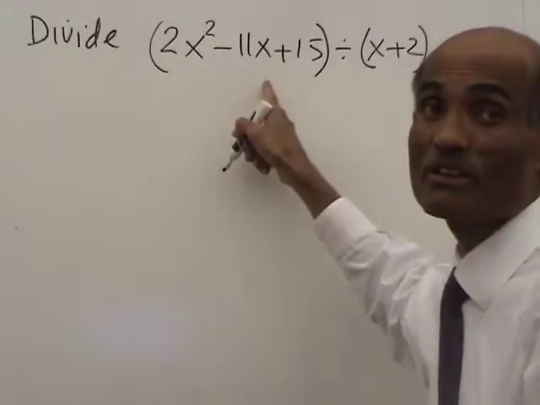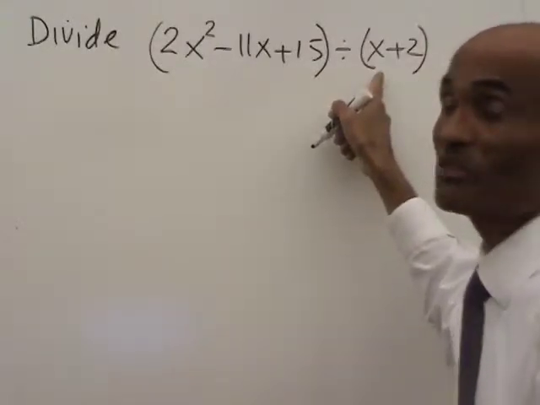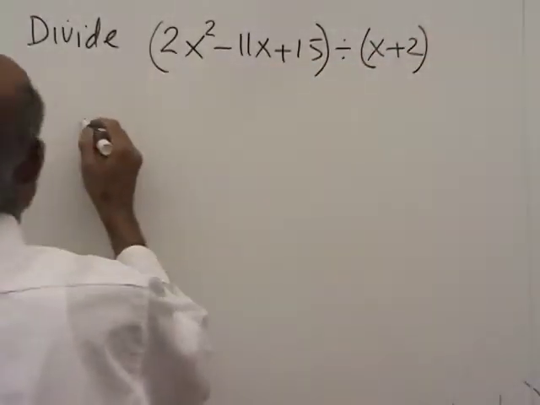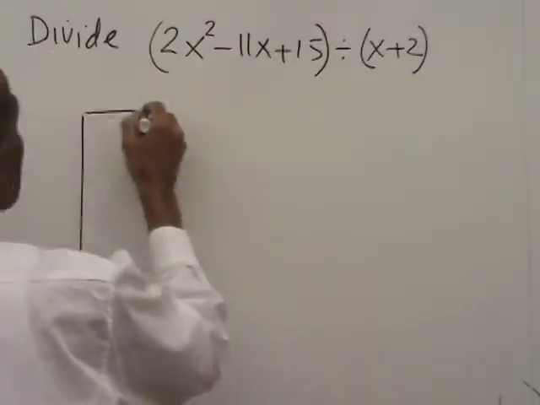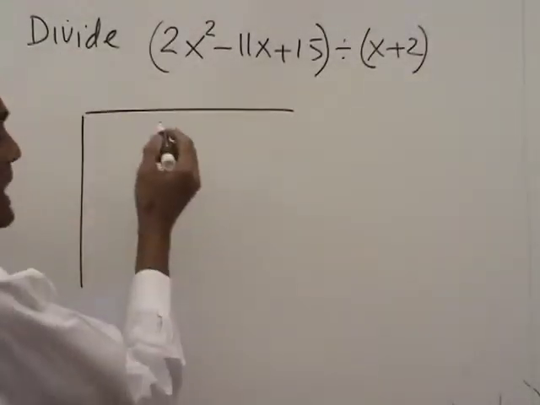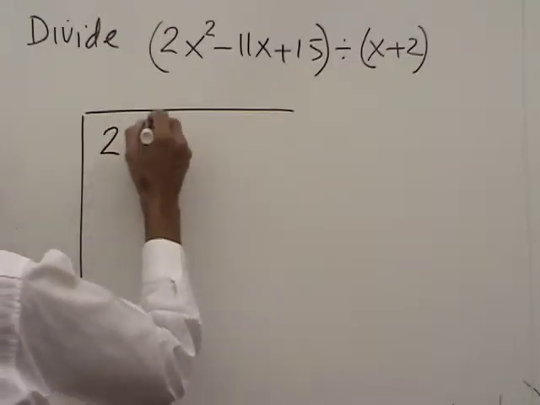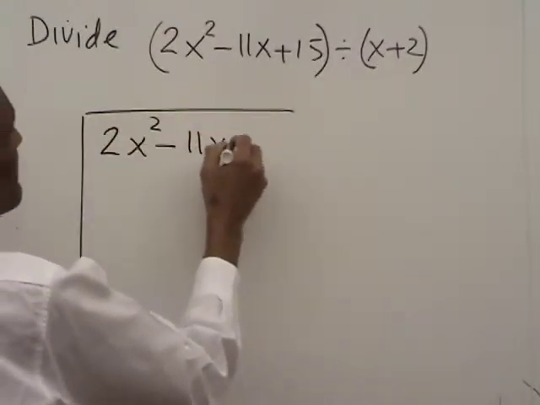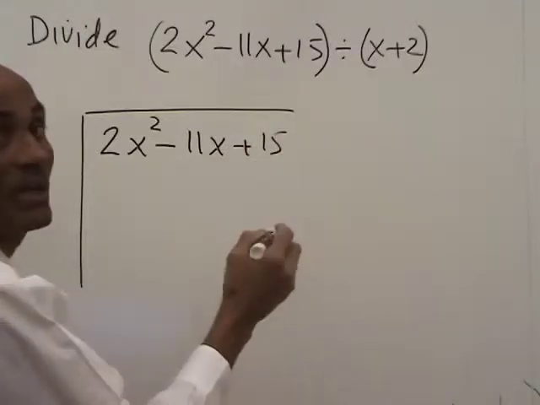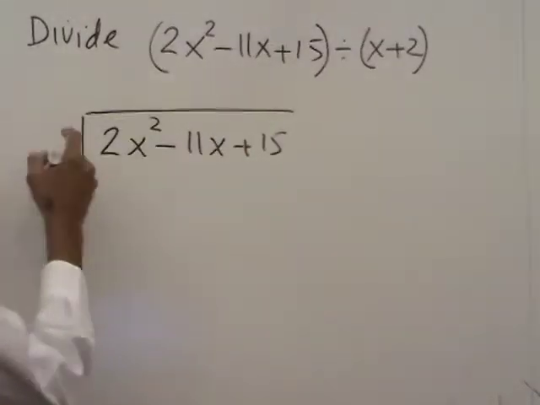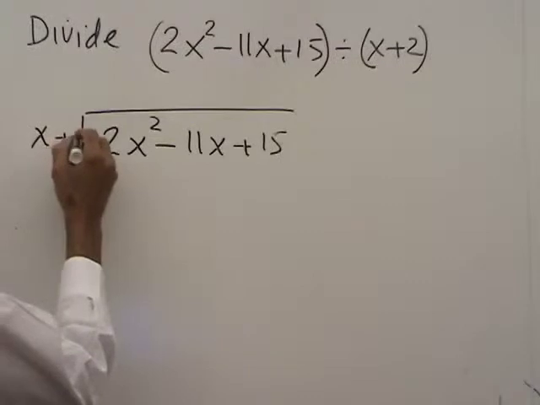This is the dividend. This is the divisor. We start by putting the lines like this. Write the dividend here, 2x squared minus 11x plus 15, and write the divisor on the left, x plus 2.